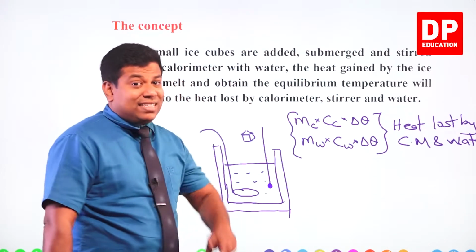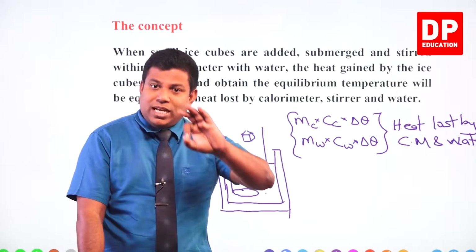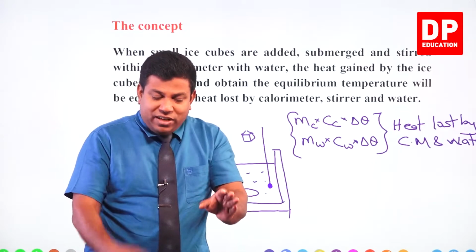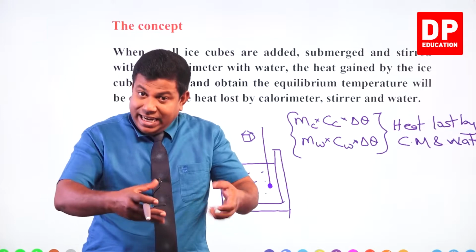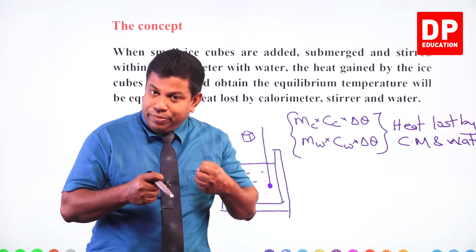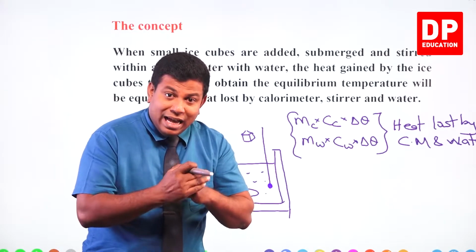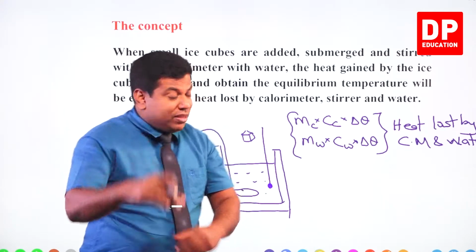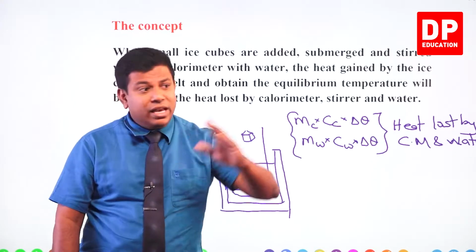Who is gaining this heat? We are dropping ice cubes in it, which was at 0 degree. First 0 degree ice cube changes into 0 degree water. For that it absorbs heat. After it becomes 0 degree water, again it has to come to an equilibrium with the water which is already there, because the water which is already there is going to be at a higher temperature. Why? Room temperature.